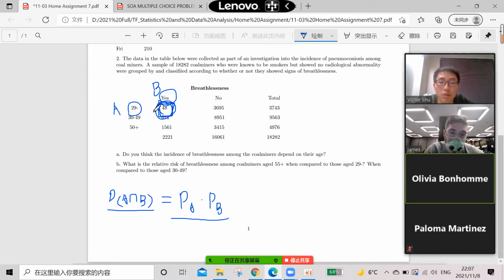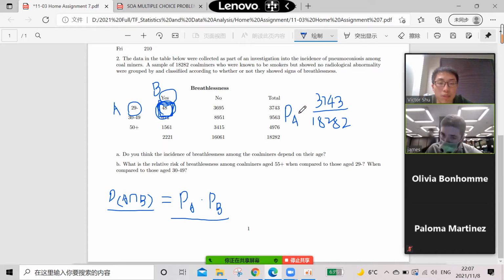So basically, the probability of being under 29 years old is just 3,743 divided by the total number of people. So this is PA. We're separating this complicated probability into two simple probabilities.